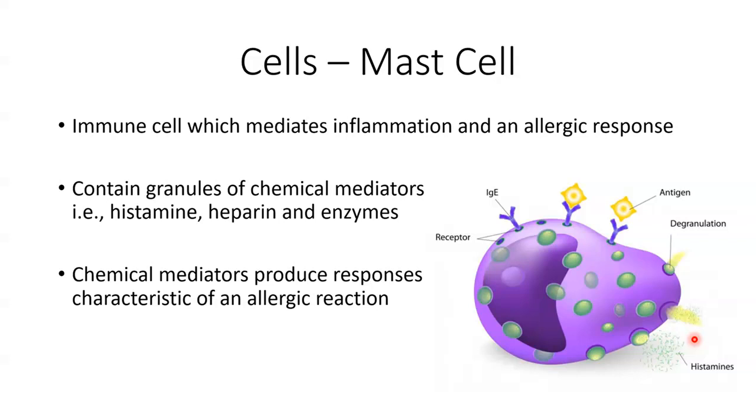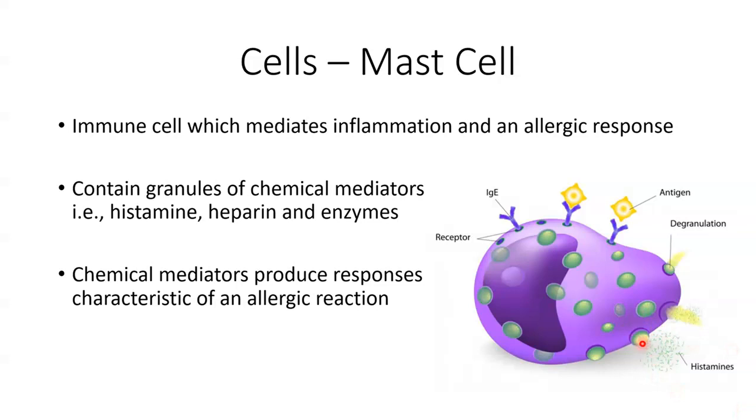Now, within mast cells, we have many granules, and granules are just small, compact particles of a particular substance. In mast cells, granules contain chemicals, so things like histamine, interleukins, heparin, and a number of different types of enzymes. When the body or a particular tissue comes into contact with an allergen, the mast cells will release the contents of these granules.